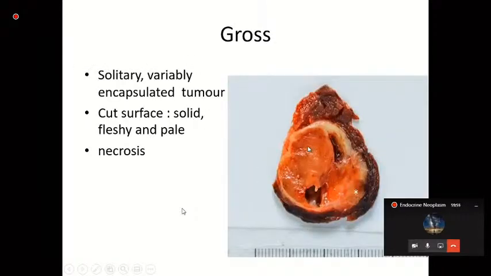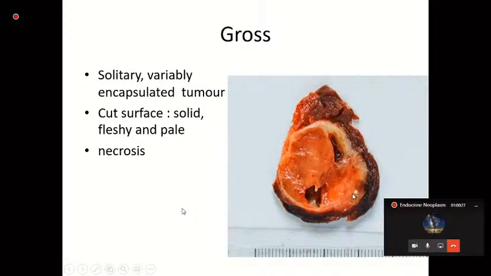Okay, other case. This is the case we have. This is a solitary nodule. Can you see? Look at the capsule. Remember the adenoma one? Very thin capsule. This one is a thick capsule, isn't it? Look at the capsule. If it is surrounding the nodule until this area, can you see any capsule here?